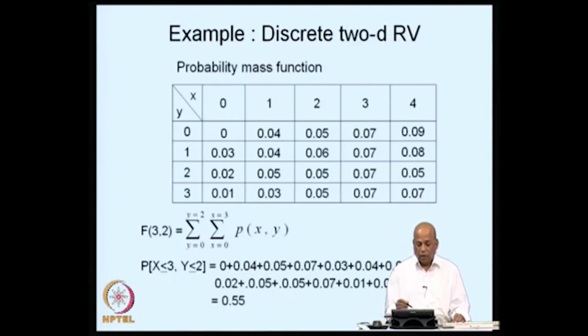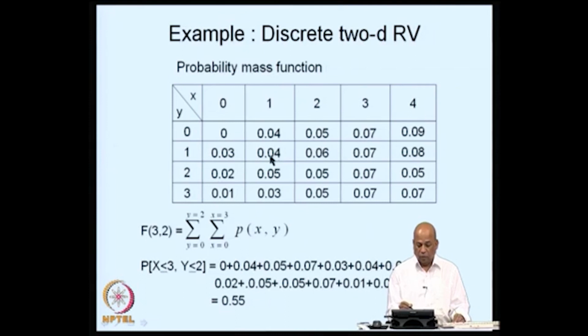So, we will take an example. For example, x can take on 0, 1, 2, 3, 4, these are the discrete values. So, i is equal to 1 here, i is equal to 2, i is equal to 3, i is equal to 4 and i is equal to 5. Similarly, y can take on values 0, 1, 2, 3, j is equal to 1, j is equal to 2, j is equal to 3 and j is equal to 4. The numbers in the body of the table, for example 0.04, 0.06 etcetera, indicate the probabilities.